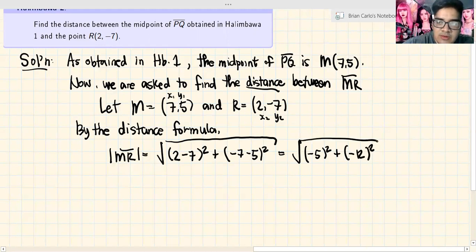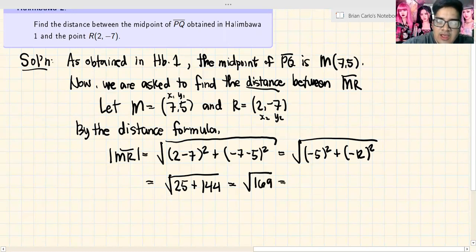Ayun na, may tumatahol na nga. Online class. So, square root ng, -5 squared is 25 plus -12 squared is 144. So, inside the radical, 25 plus 144 is 169.